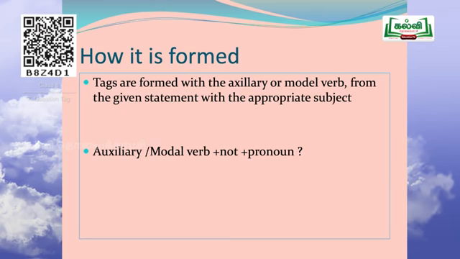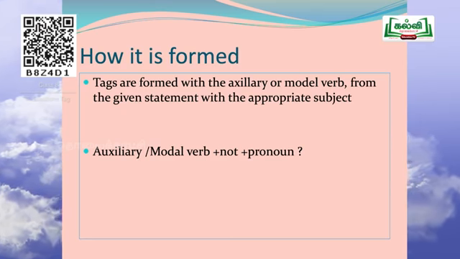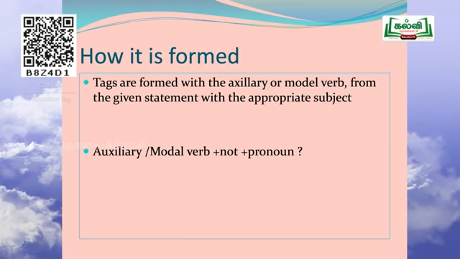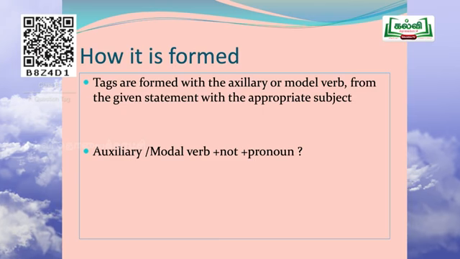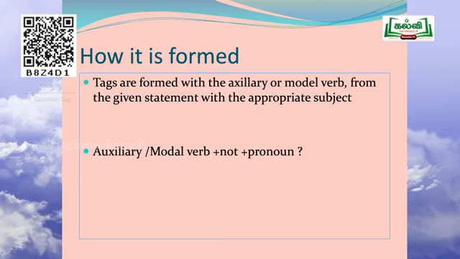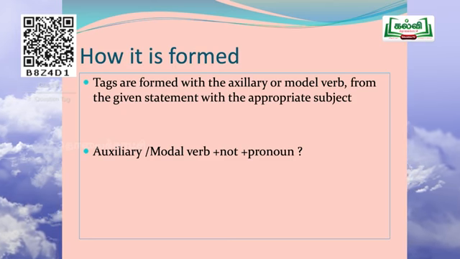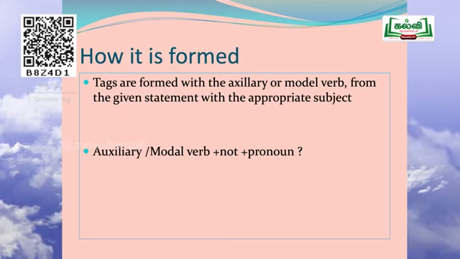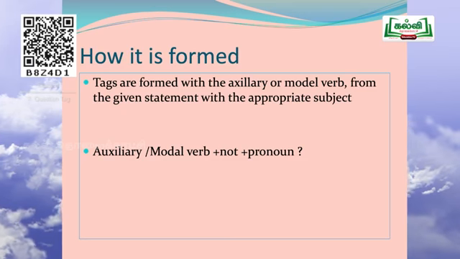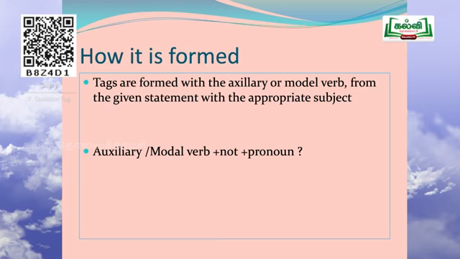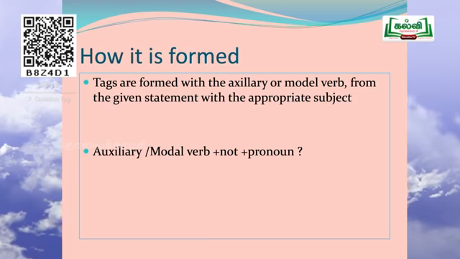Here you have a formula: auxiliary verb or modal verb followed by not if the given statement is positive, followed by the subjective pronoun, and in the end we have the question mark. So this is the usual formula to form a question tag.